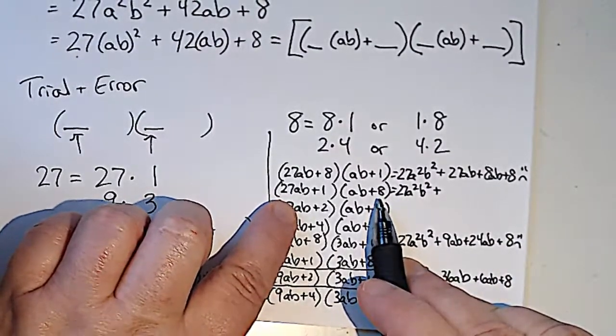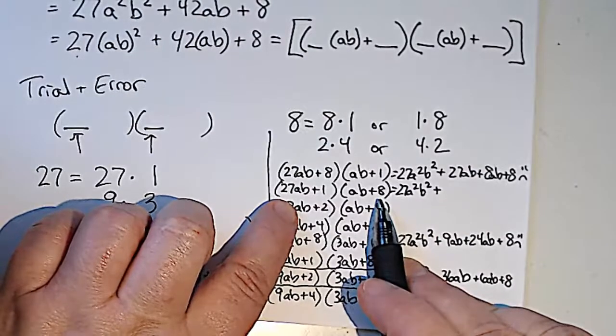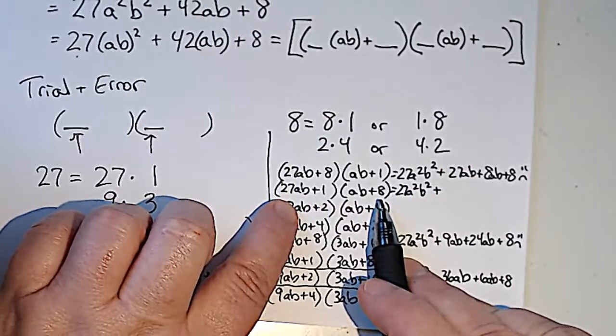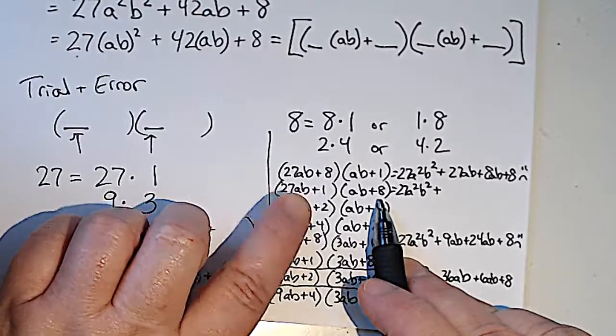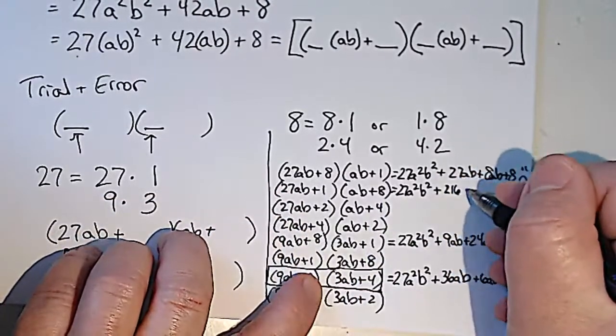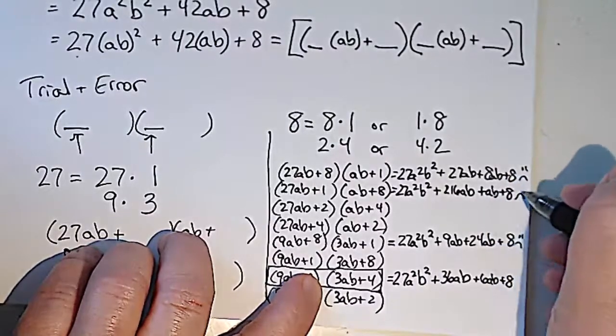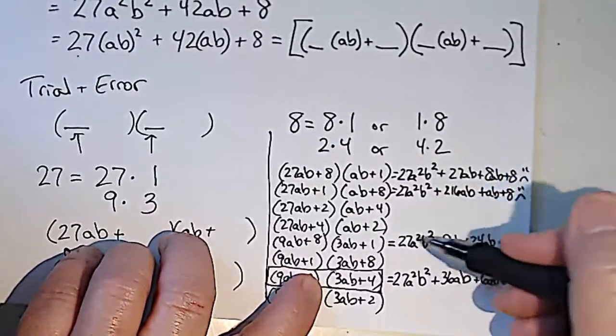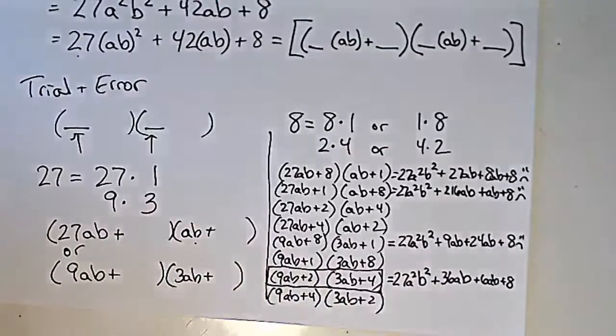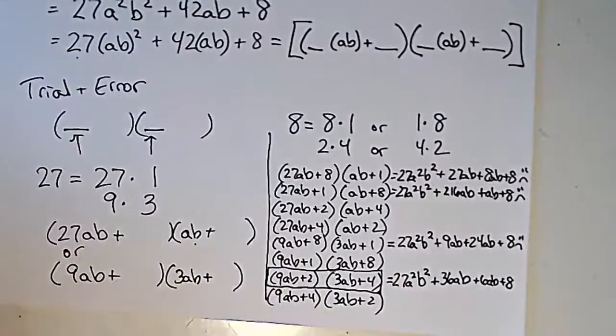It's 160 plus 56, 216, I think, which is way too big. That's not going to work. So, and so forth. You would just try all of them until you got to this one. The second to last one is the one that worked. And that's how you factor it.